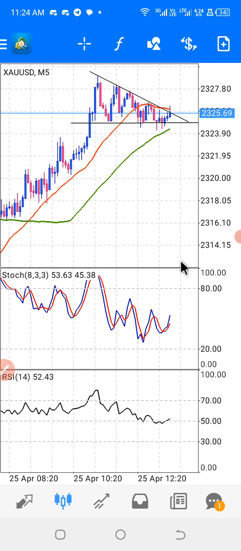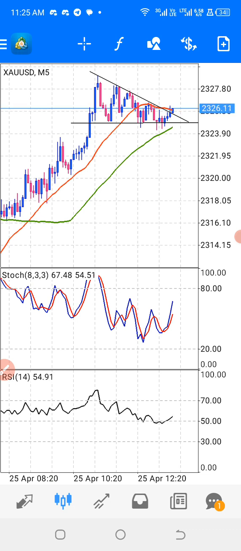You can see that the market is doing its thing. No breakout yet. So we're going to continue to monitor it. Let's wait for another candlestick to close above further.